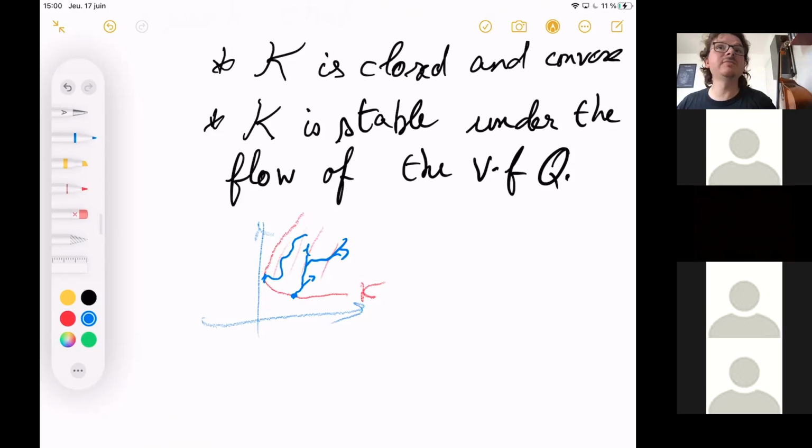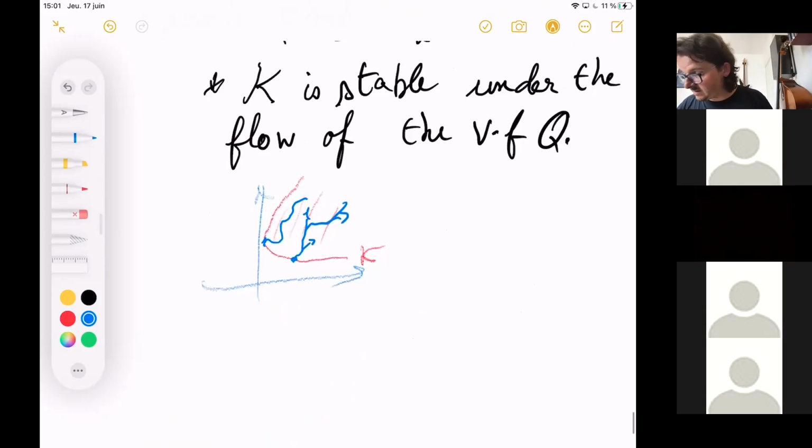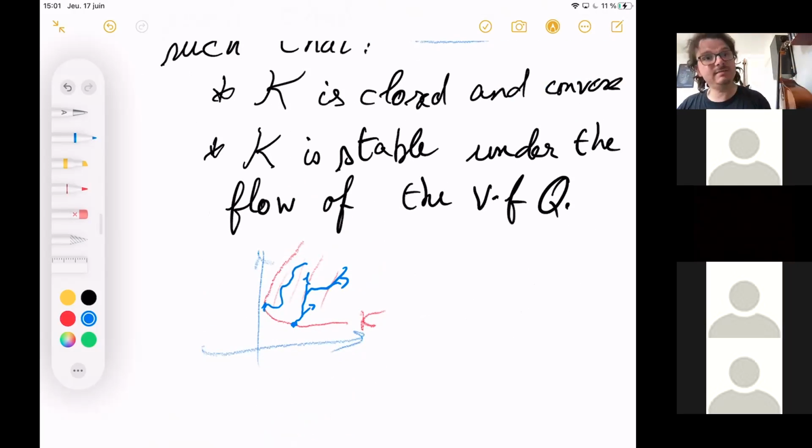Basically this can be checked by saying that at every point in the boundary of K, you're pointing inwards of K, okay?